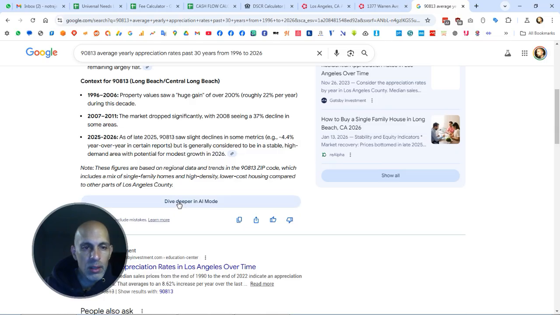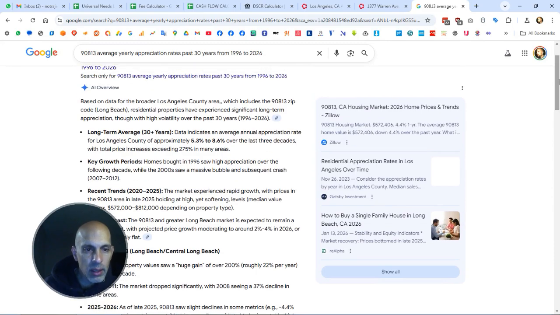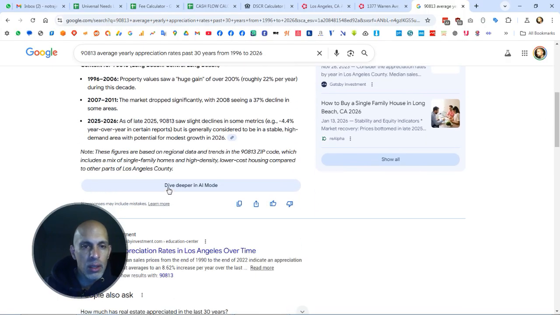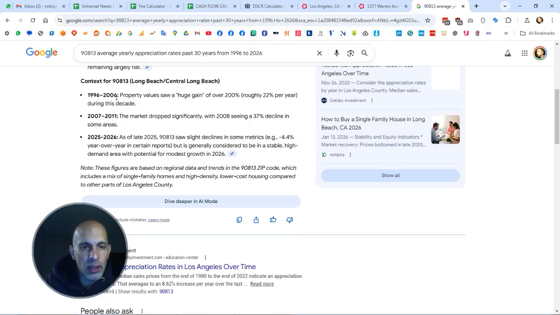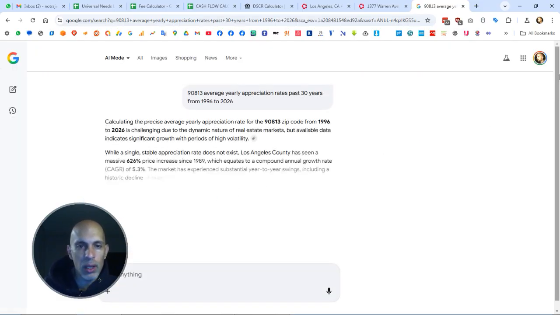So based on this, Los Angeles County is between 5.3% to 8.6%, and they don't show it for that specific zip code. They break this down decade by decade, but not for the zip code.